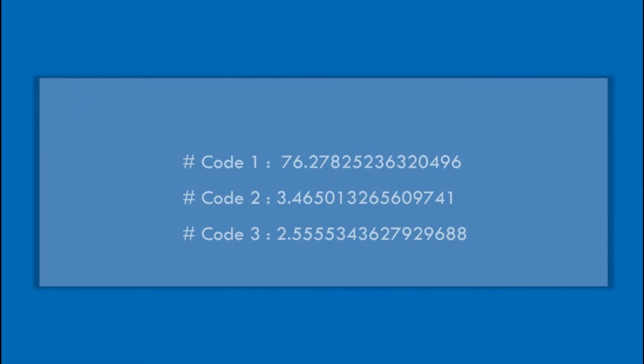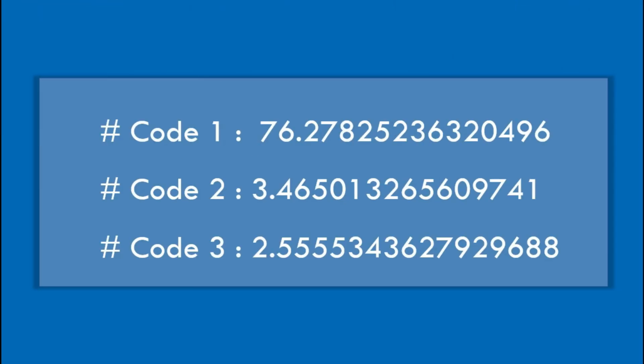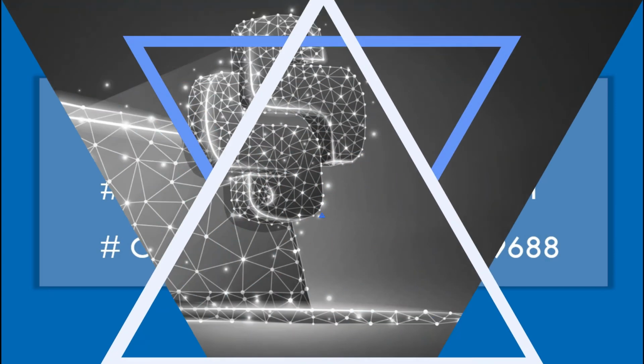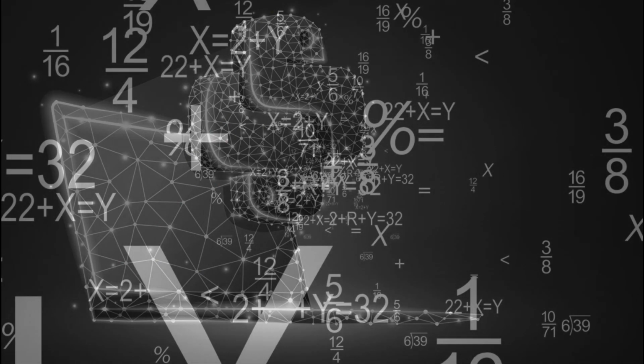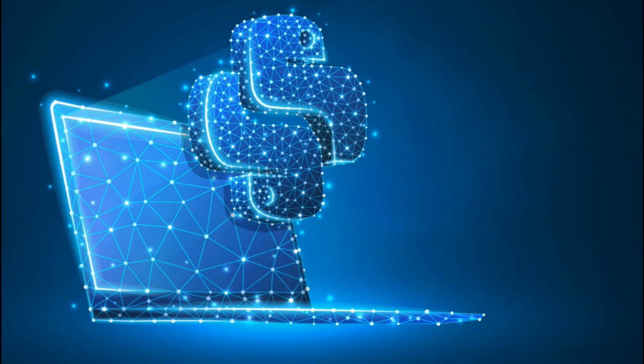When you observe these 3 codes, code 1 has taken approximately 76 seconds, our code 2 works very well at 3.46 seconds, and code 3 works best at 2.55 seconds. You have seen that when our mathematics adapts to Python, it becomes more powerful, right? So code the best, be the best, and all the best.